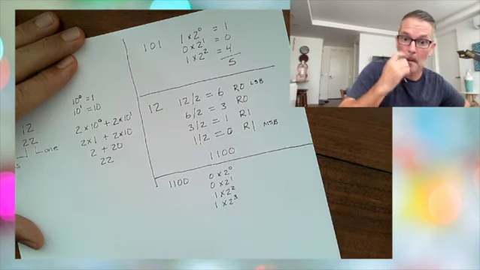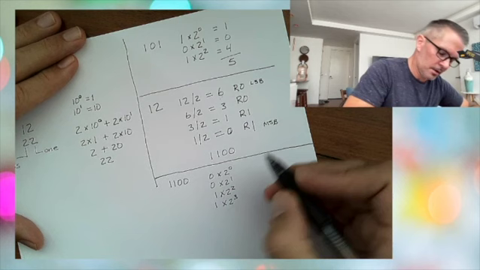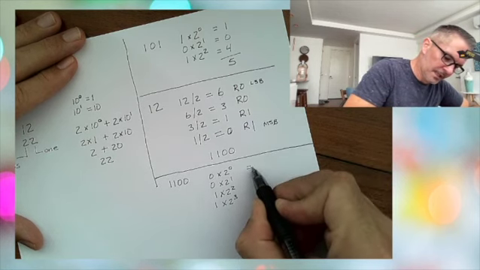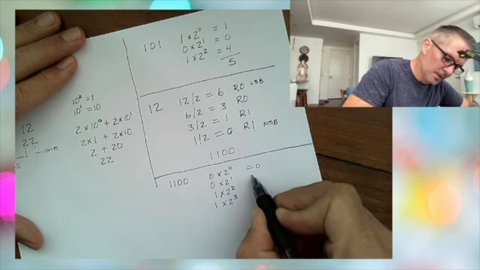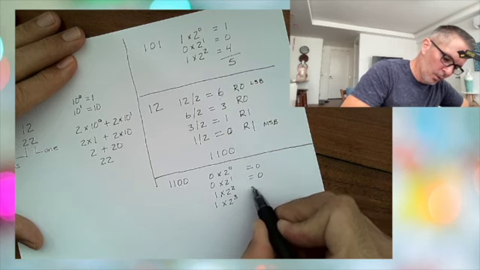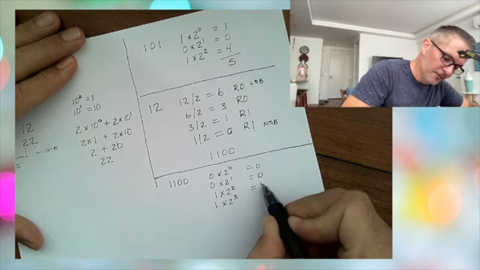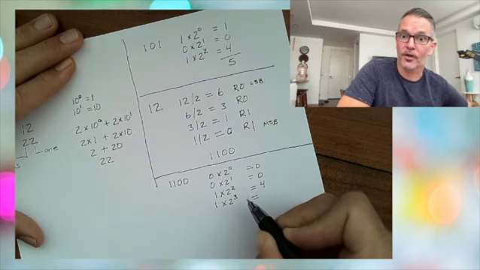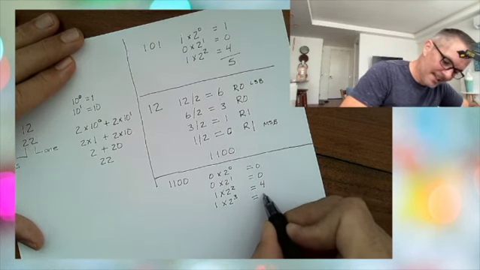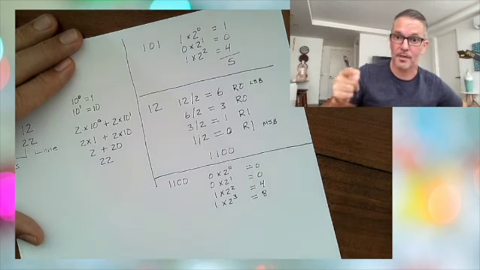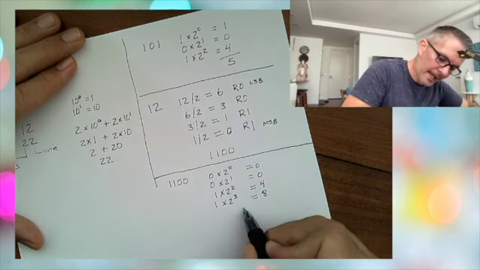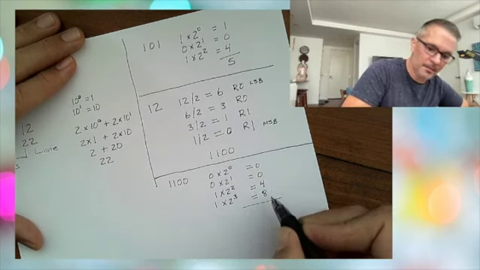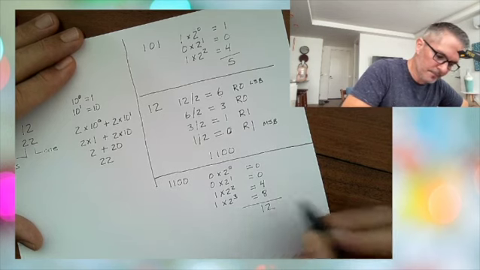Let's work out these numbers. 0 times anything is 0. 1 times 2 to the 2 is 4. 1 times 2 to the third is 8, because 2 times 2 times 2 is 8. And when I add all these numbers up, I end up with 12.